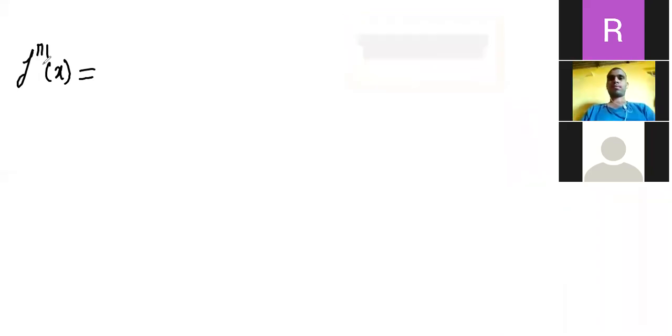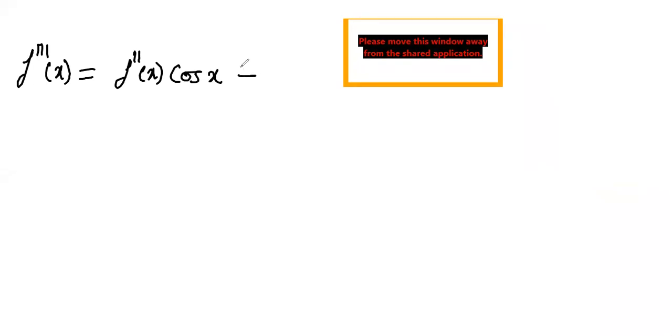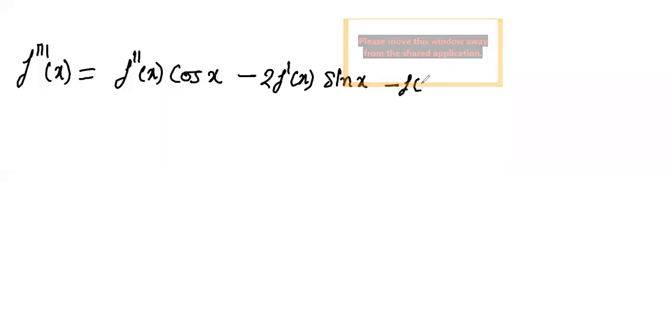So f triple dash x is f double dash x cos x, then it will come 2 into f dash x sin x minus f of x.